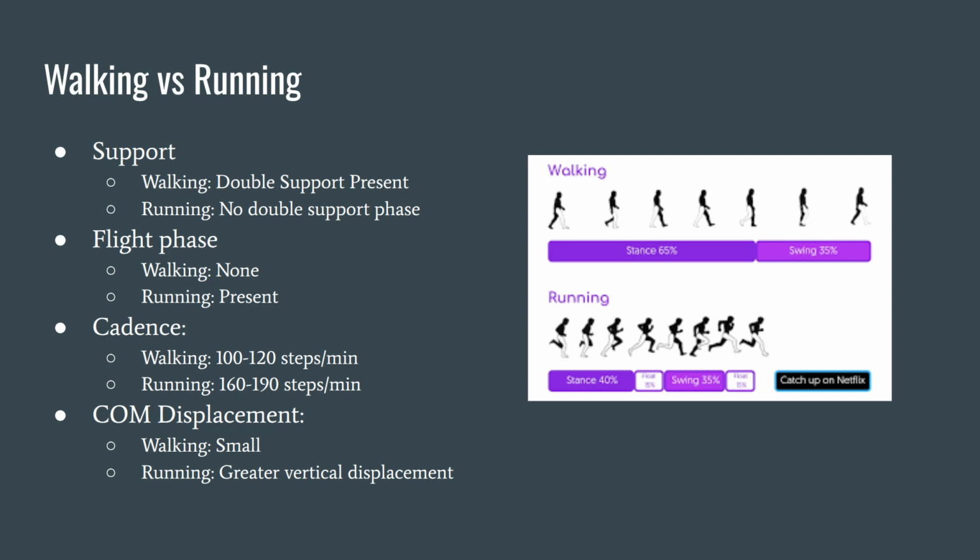This means running is more plyometric. Tendons, especially the Achilles and plantar fascia, become major contributors through elastic recoil.